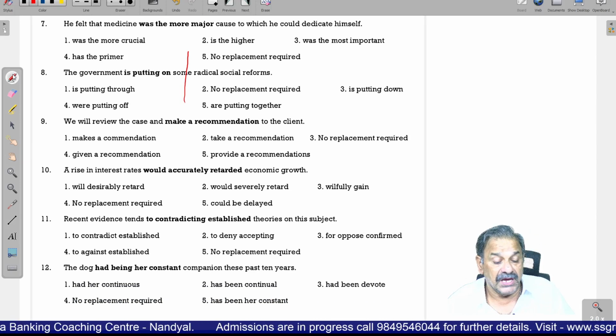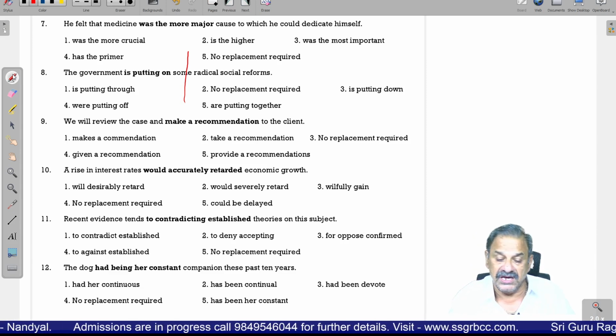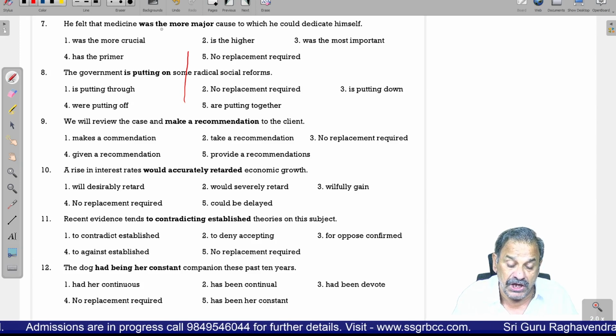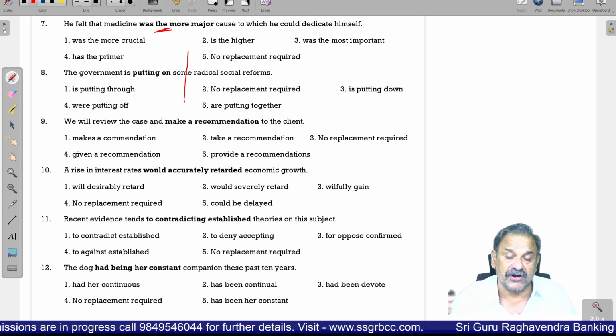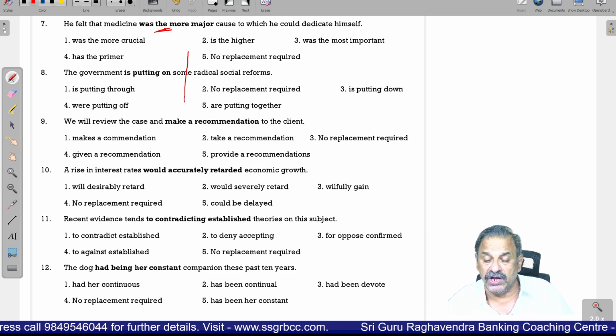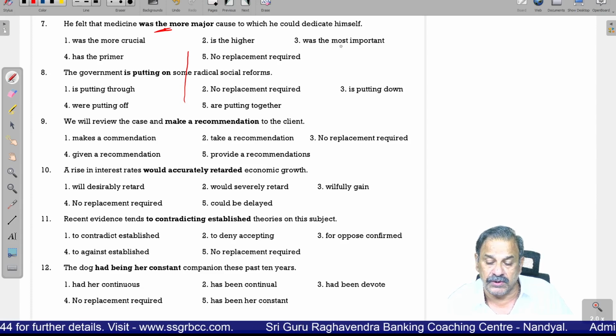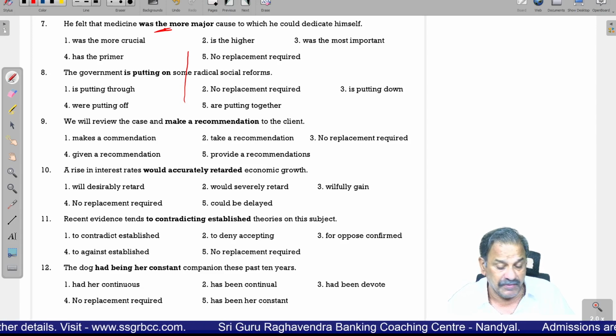Here, he felt that medicine was the more major cause. Here, the more, the is there. When the definite article comes, we have to use the adjective in the superlative degree. So we have to use most. Where we are going to have the most? In the third option. Automatically, which one is correct?